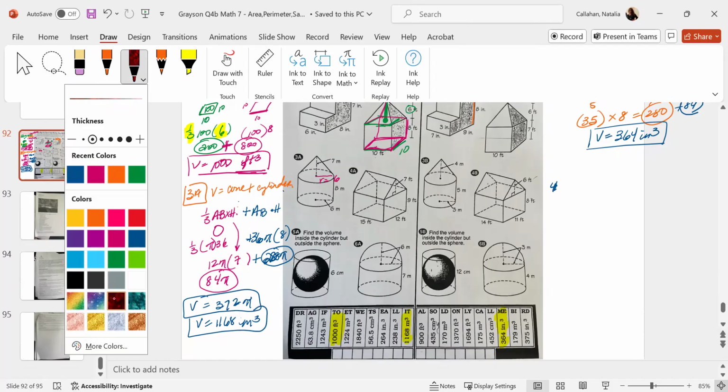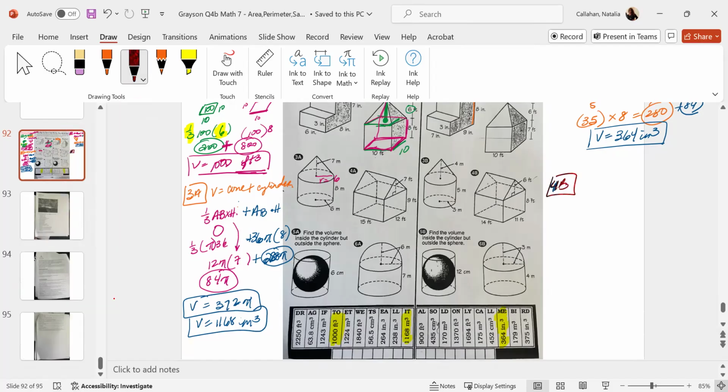We're going to do 4B. What are the shapes of 4B? A triangular prism on top, and a rectangular prism on the bottom. How do you find the volume of a triangular prism?